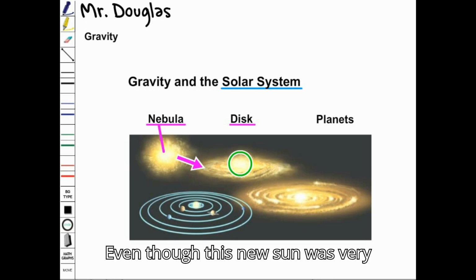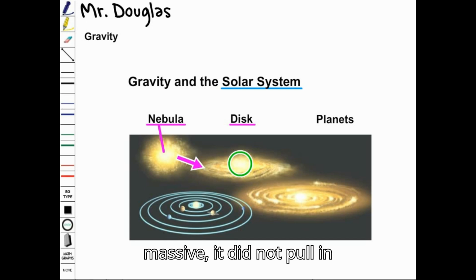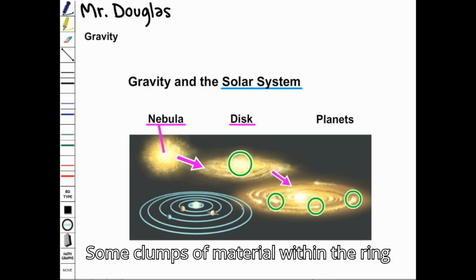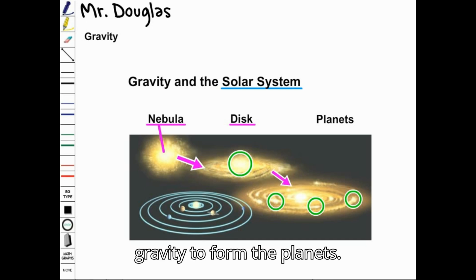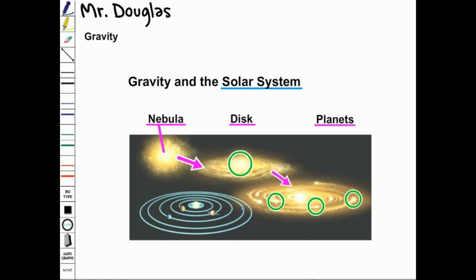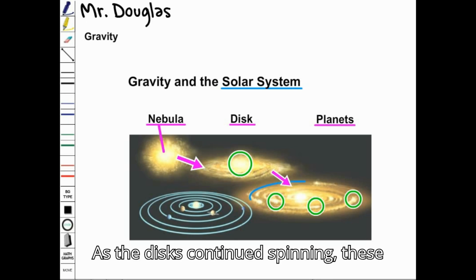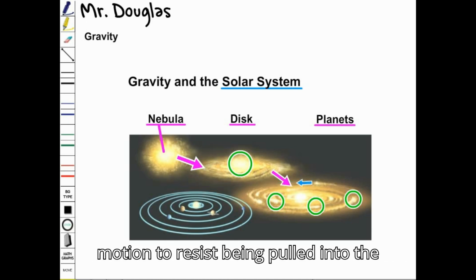Even though this new sun was very massive, it did not pull in all of the material around it. Some clumps of material within the ring of the disk were pulled together by gravity to form the planets. As the disk continued spinning, these planets were moving with enough forward motion to resist being pulled into the center.